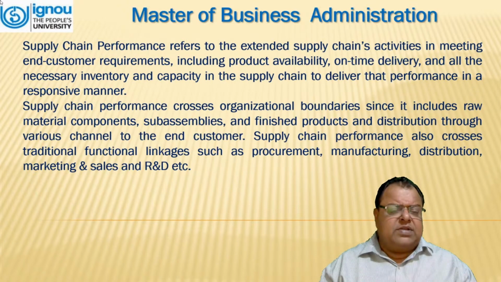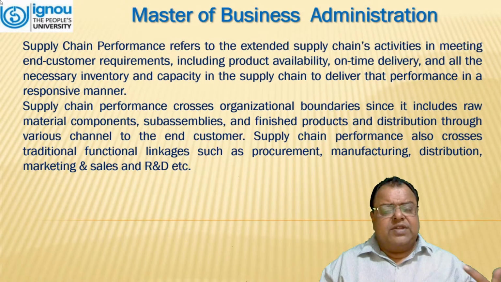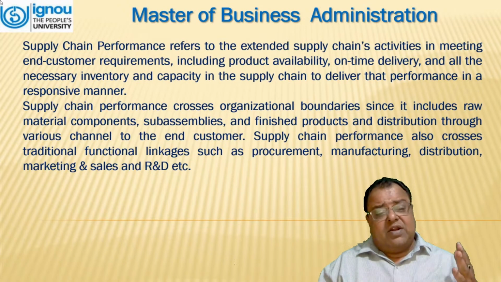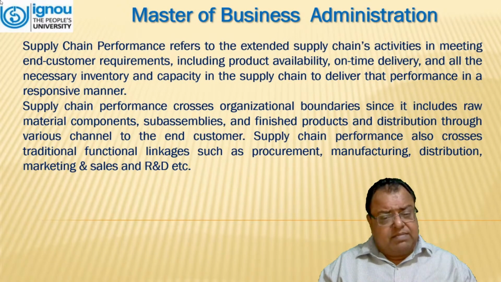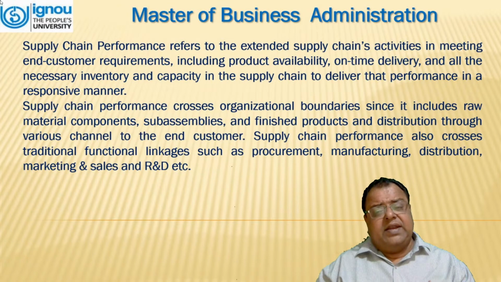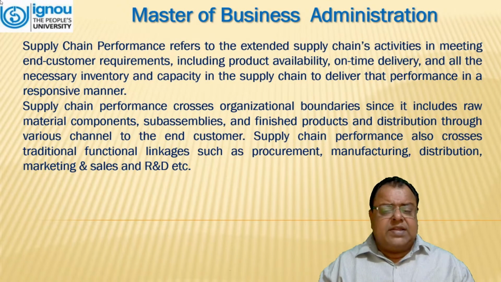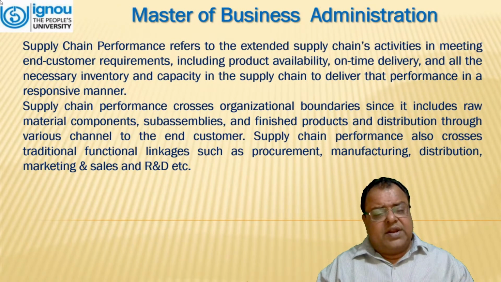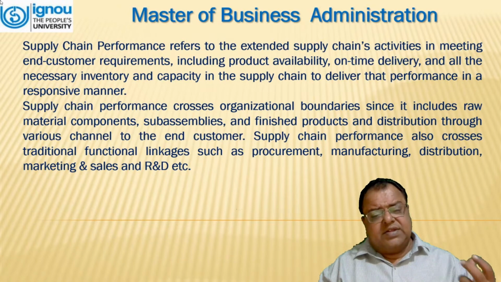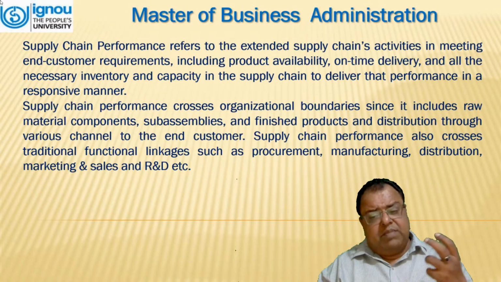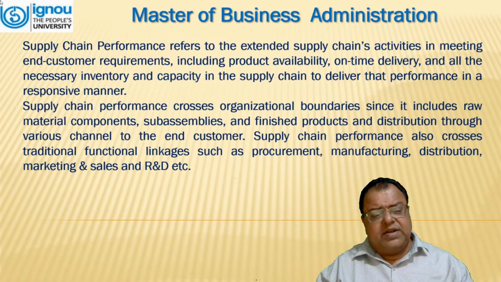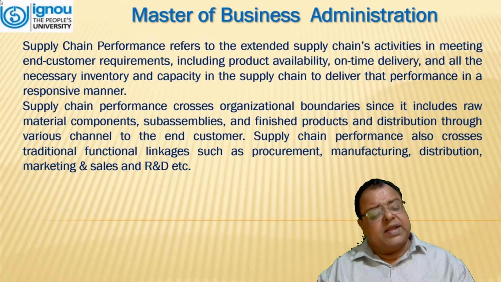Supply chain performance crosses organizational boundaries since it includes raw material, components, sub-assemblies, and finished products, and distribution through various channels to end customers. It also crosses traditional functional areas such as procurement, manufacturing, distribution, marketing and sales, and research and development, etc.